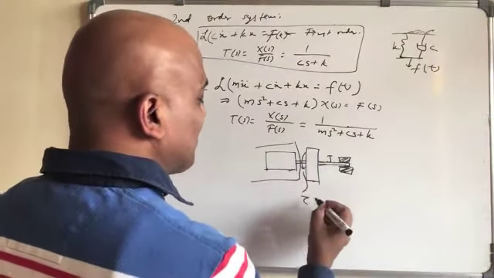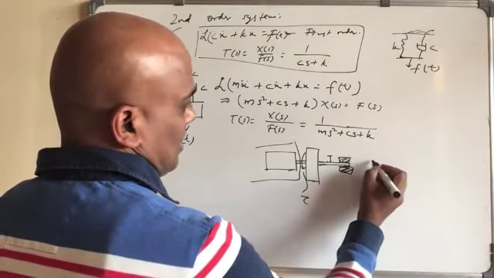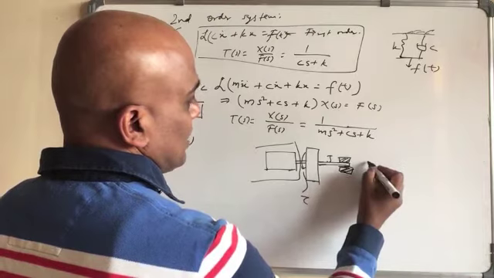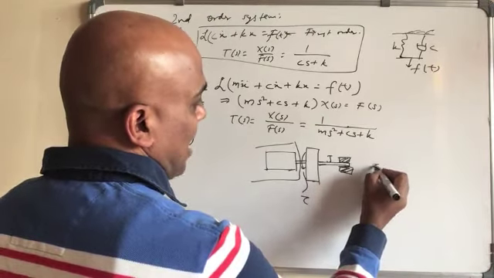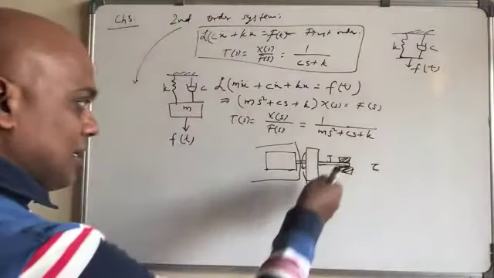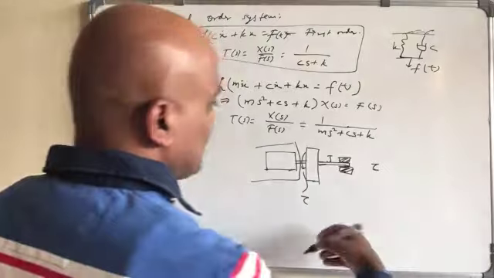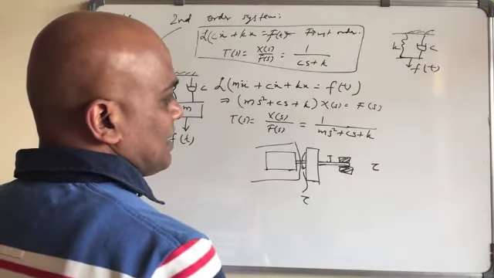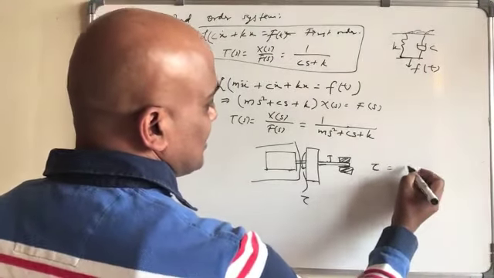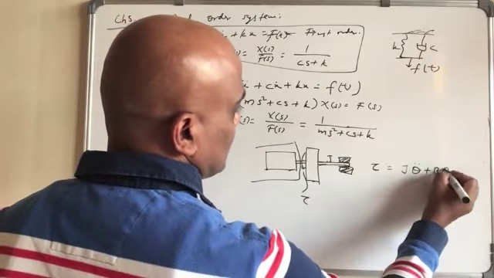Because of the friction, the equation, as we have seen earlier, becomes tau equal to J theta double dot plus b theta dot.